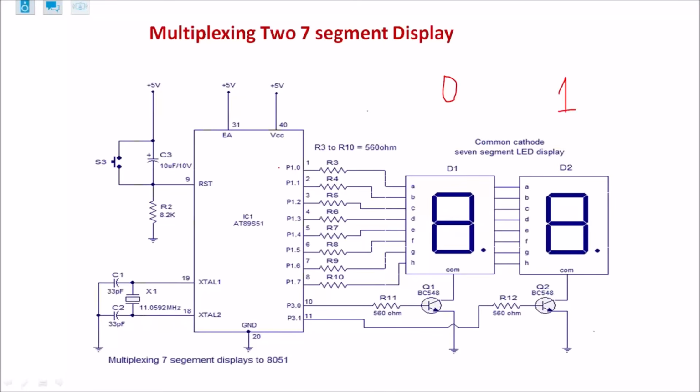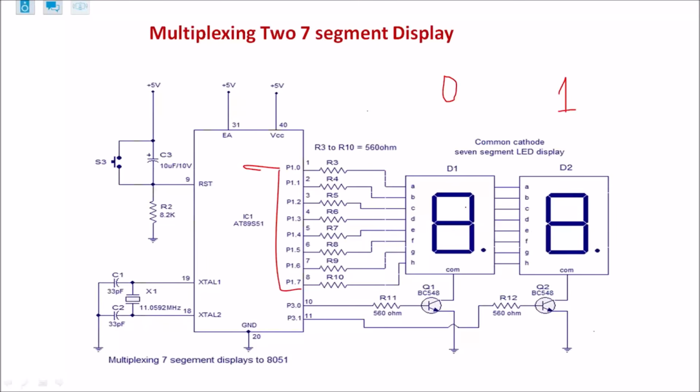The data lines, that means segment lines of both displays, are connected in parallel. That means the same port is used to connect the segments of the first display and the segments of the second display. So this line P1.0 is connected to a segment of the first display as well as a segment of the second display.